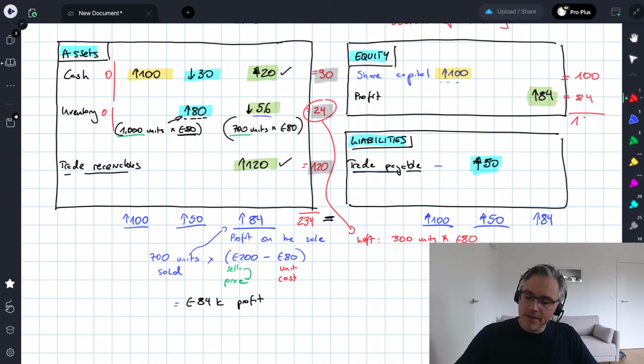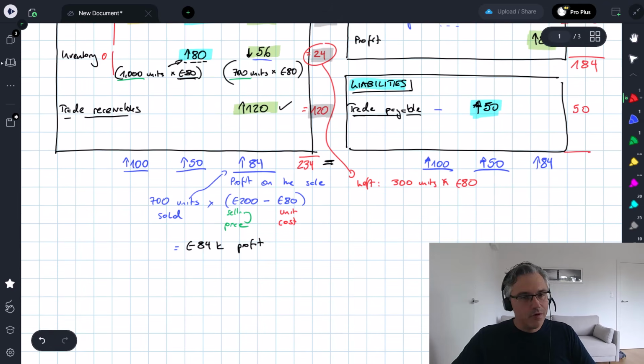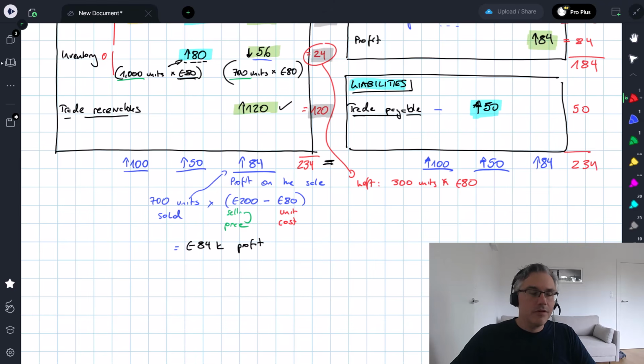So equity as such ends up being 184, and we still have that 50 to pay to the supplier, the obligation under liabilities. So 184 plus 50 gives the same total, 234 on the other side. Brilliant. The balance sheet is perfectly balanced.